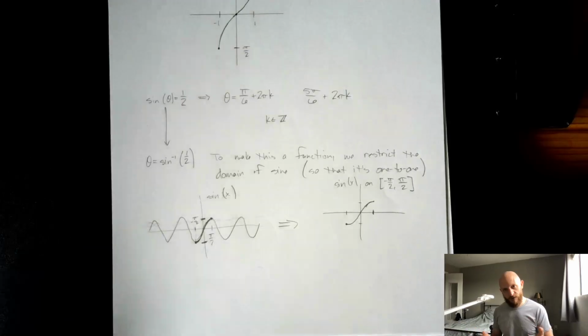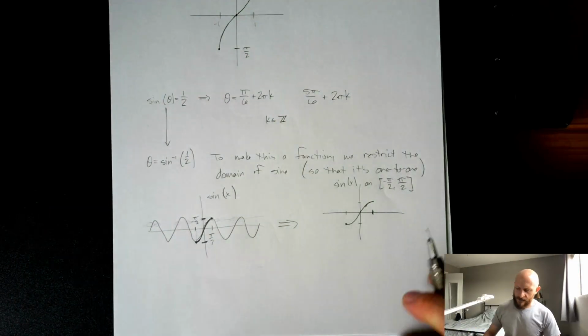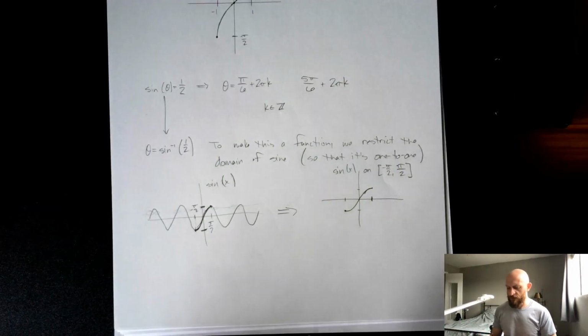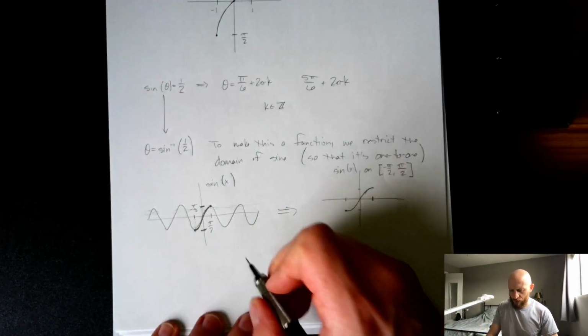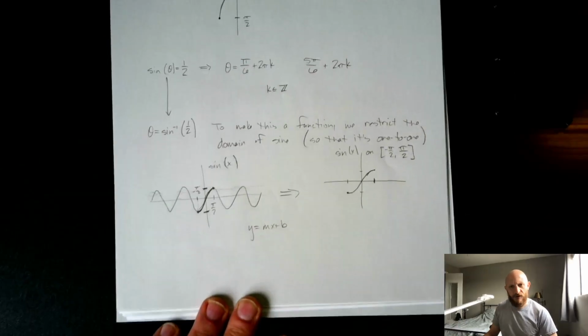Well, when we have a one-to-one function, if you want to find the inverse of a function, you can swap x and y and solve for y. So remember our old friend y equals mx plus b back from college algebra.